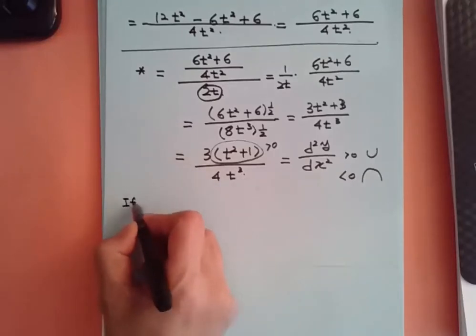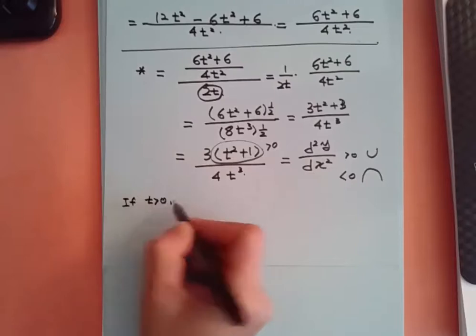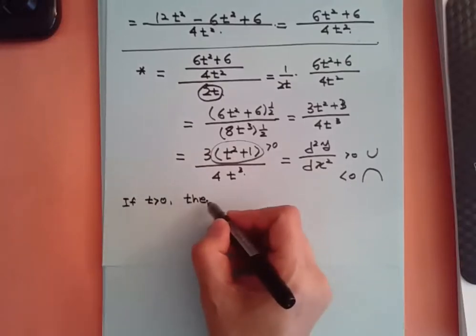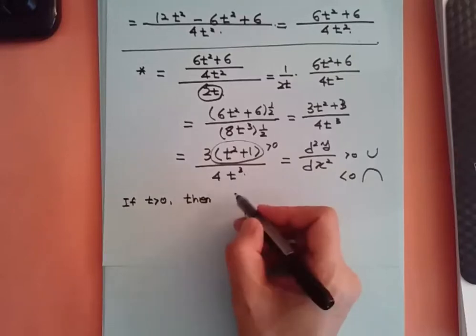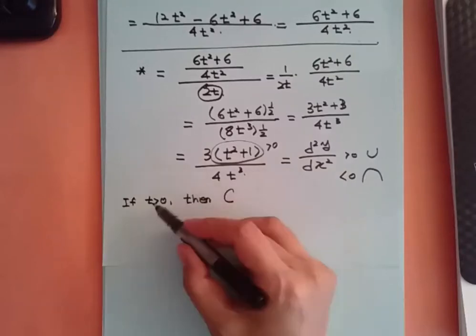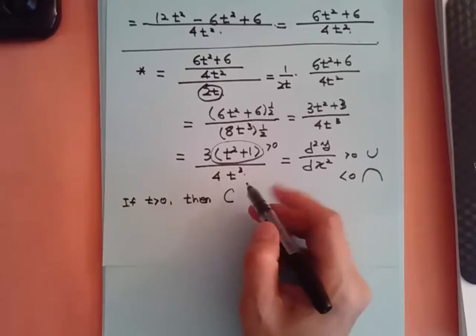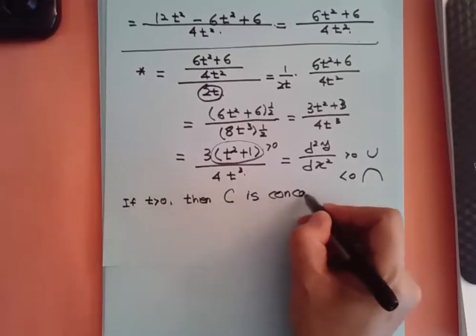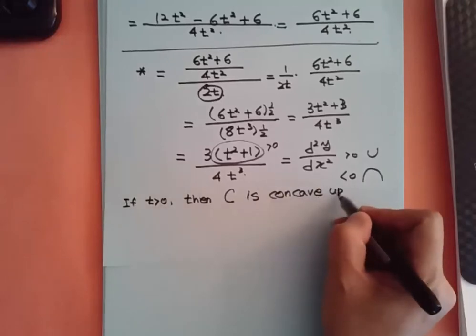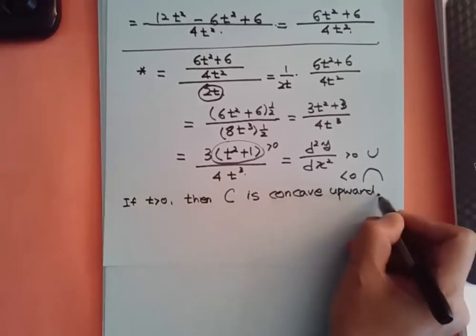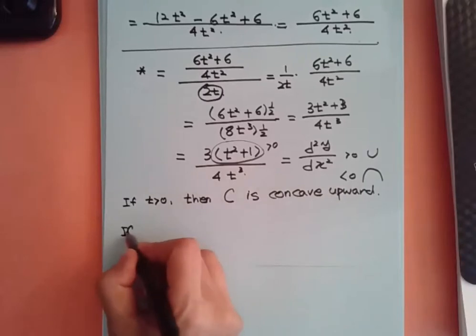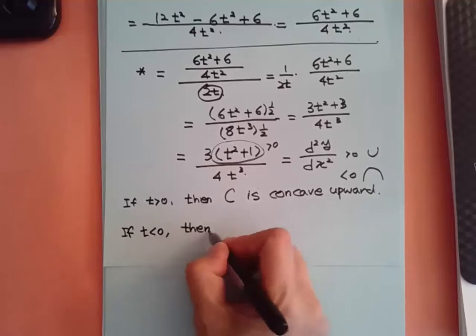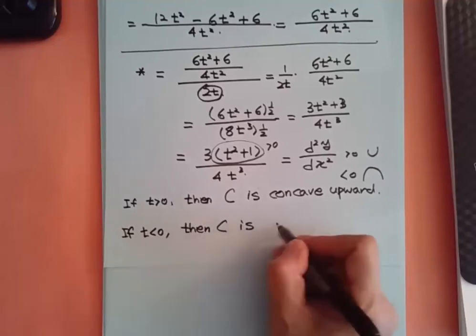Depending on whether t is greater than 0 or less than 0, the curve becomes concave upward or downward. If t is greater than 0, then t cubed is greater than 0, and so the curve is concave upward. If t is less than 0, then the curve is concave downward.